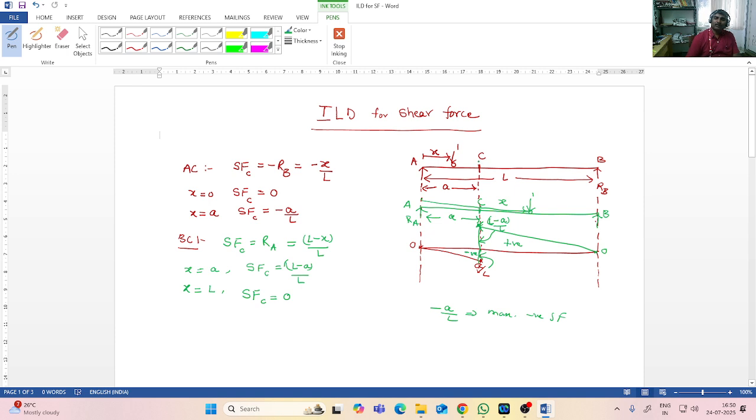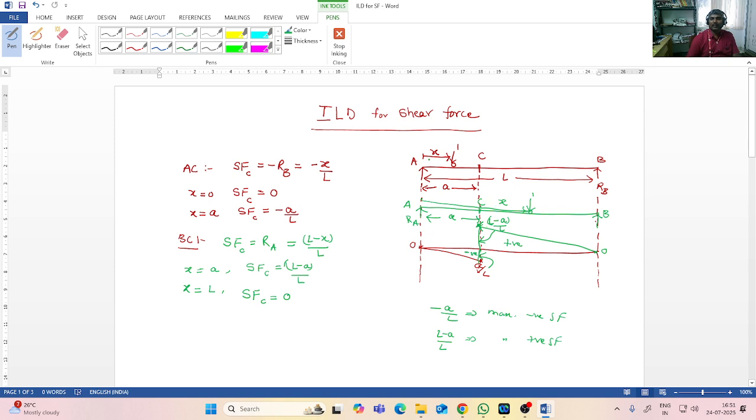Once the unit load crosses section C and goes away from section C and reaches B, the value jumps from a by L to L minus a by L, from negative to positive, a sudden jump, and slowly reduces to 0. So L minus a by L is the maximum positive shear force that can happen at a section.